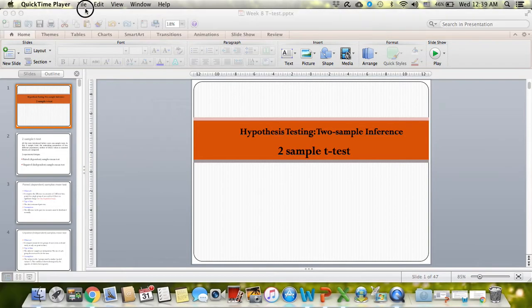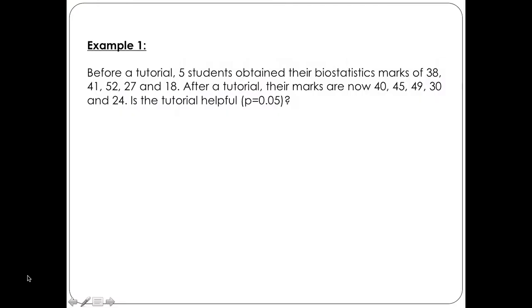So in sample 1, before a tutorial, 5 students obtained their biostatistics marks of 38, 41, 52, 27, and 18. And after the tutorial, their marks are now 40, 45, 49, 30, and 24.